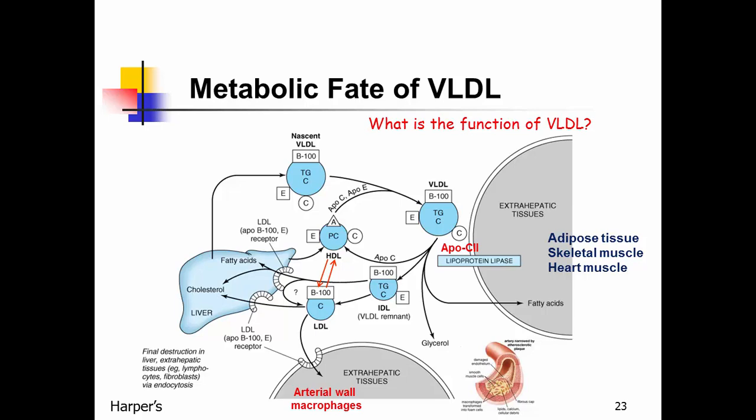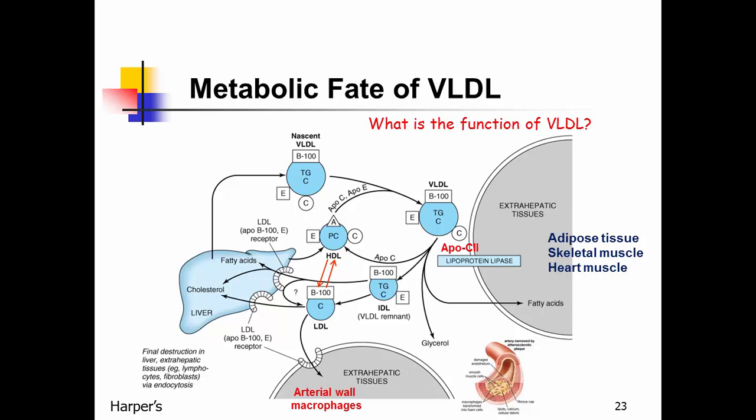In this slide, I believe it doesn't talk about the fed and fasting condition, but just the transport between liver and adipose or skeletal muscle, like heart muscle. So the VLDL is synthesized in the liver, right? It packs the triglyceride, and the triglyceride comes from three different sources.